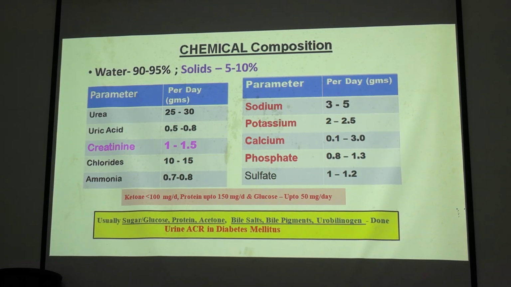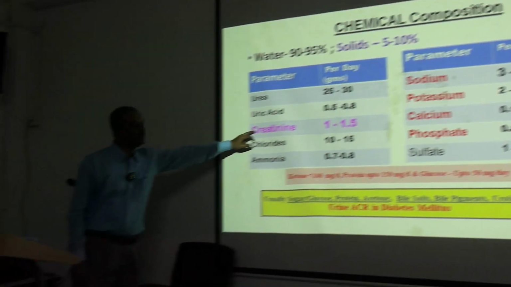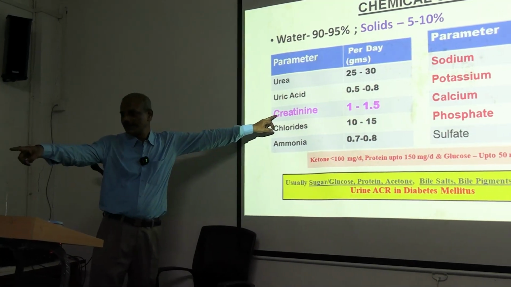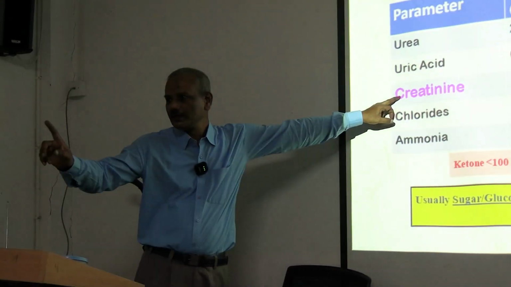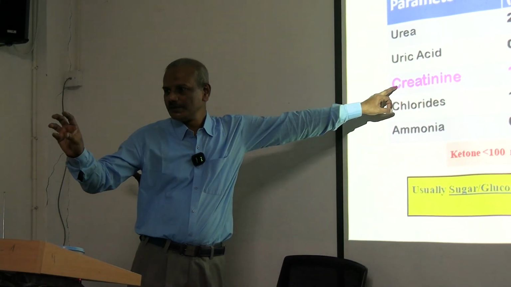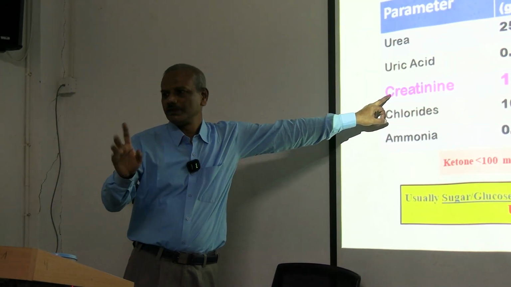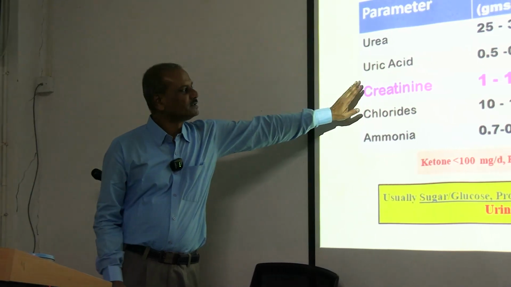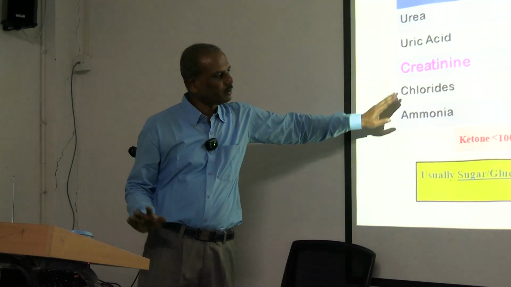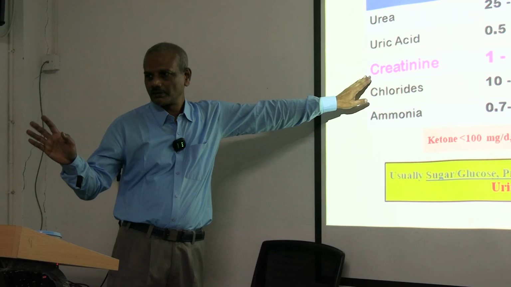Chloride. These are normally among the chemical composition. Urine creatinine is measured because you can see the ACR, I told you, albumin creatinine ratio. So microalbumin is done and creatinine is done to know the albumin creatinine ratio. So this is the only parameter done routinely for common conditions.